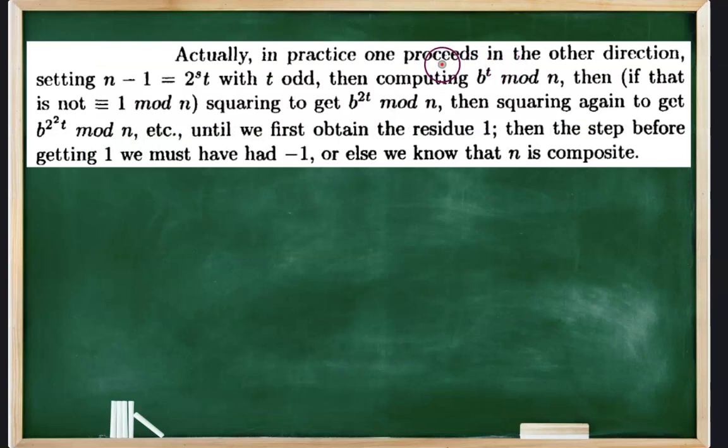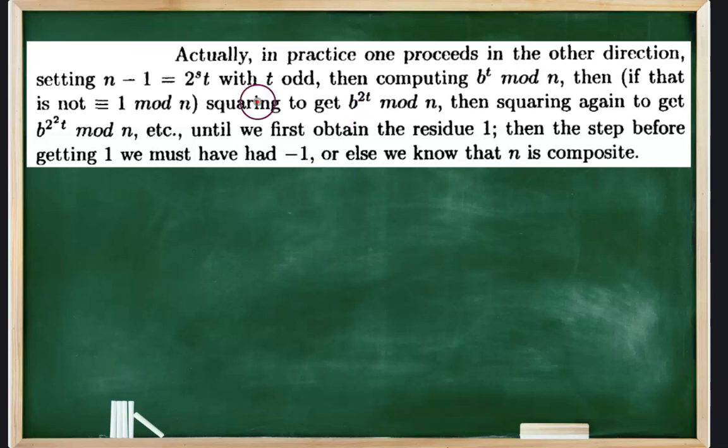So in practice, we proceed in the other direction, that is by setting n minus 1 equal to 2 raised to s into t, where t is odd. Then we compute b raised to t modulo n, and if it is not congruent to plus 1, we square that number to get b raised to 2t modulo n.